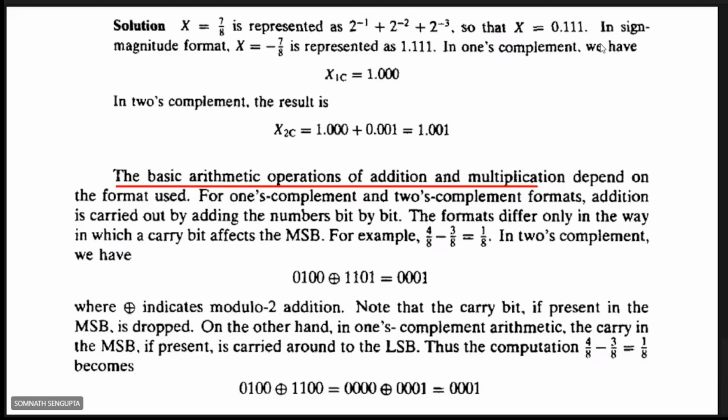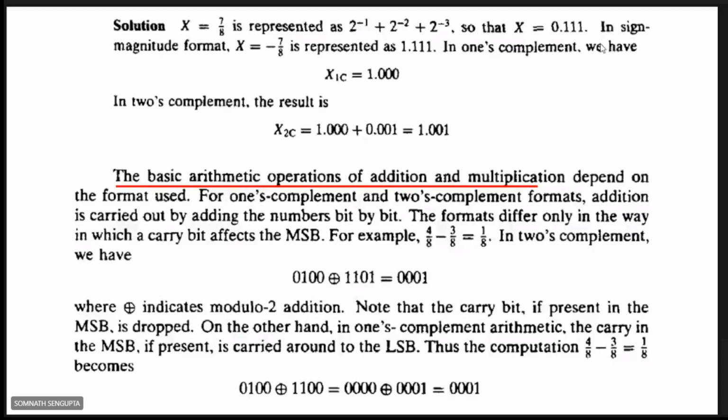Then to get it into 1's complement, what do we have to do? First you get plus 7 by 8, which is 0.111. Then you invert all the bits, and you get 1.000.